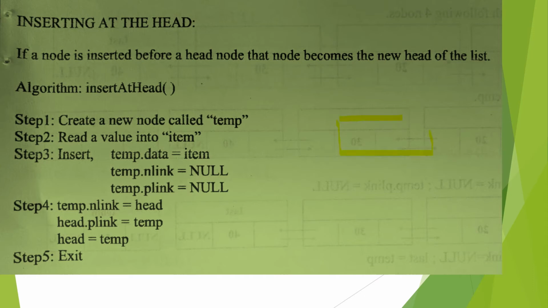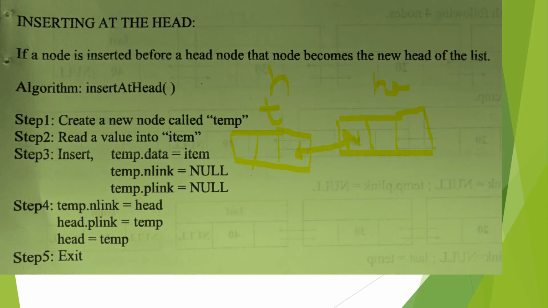Let us think this is the already existing head element. Here this part contains null. I want to insert this new node at the beginning. Just change the address of the new node in the head node's p-link, and head changes to the new node.